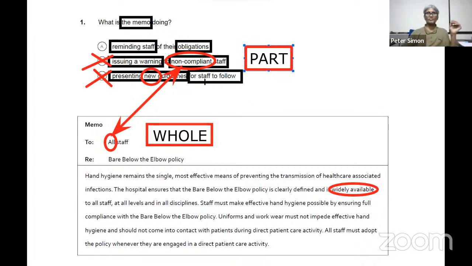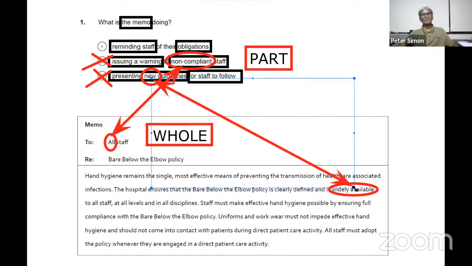Now, the second one is presenting new guidelines for staff to follow. Is it new guidelines? Definitely not, because they're not new, they're widely accepted.